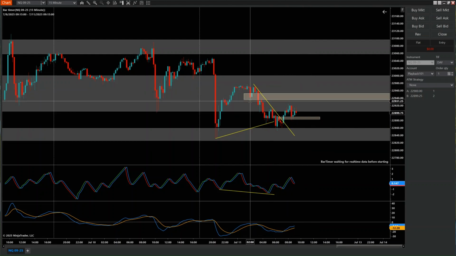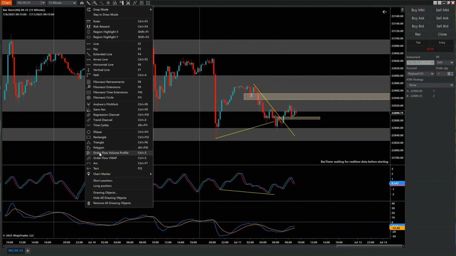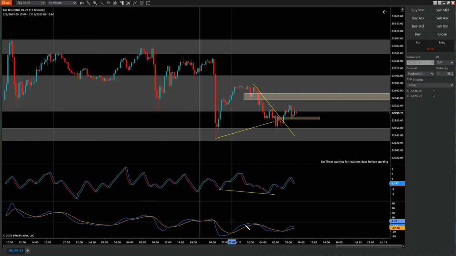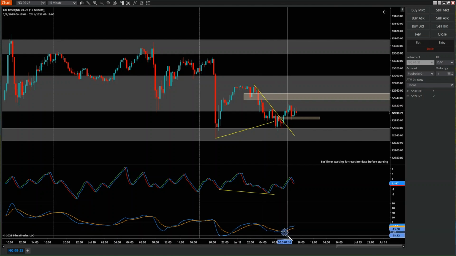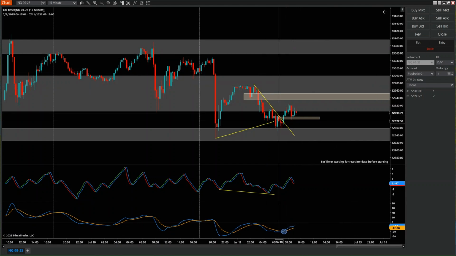Like I said, guys, I told you this setup happens on all time frames, right? So we also see that our MACD is bullish. So just on the 15-minute chart, this is what it's looking like.